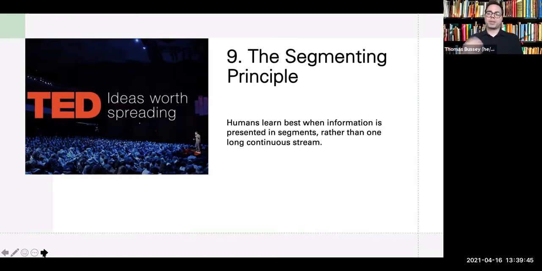Or again, if you want to think about this in an e-learning context, instead of having an hour-long video lecture, breaking it up into 3 20-minute chunks can be more effective in the long run, even though all the information is being presented essentially in the same kind of way.